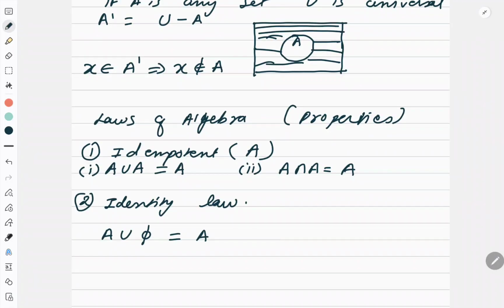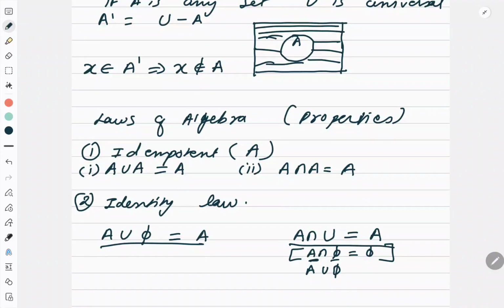Obviously A. Same way, if I take intersection of A with the universal set, what will I get? A. Now here, this is not a law, just for your understanding I am asking you, what will be A intersection null set? There is nothing, so it will be null set only, because I need a common thing. On the other hand, if I do A union null set, it is A. So this is the identity law, this and this. I'll put this to avoid the confusion.